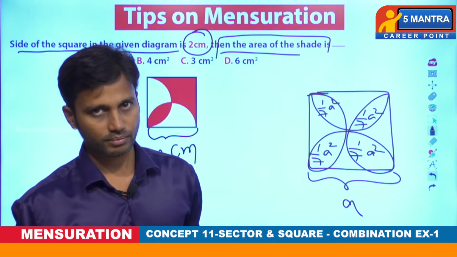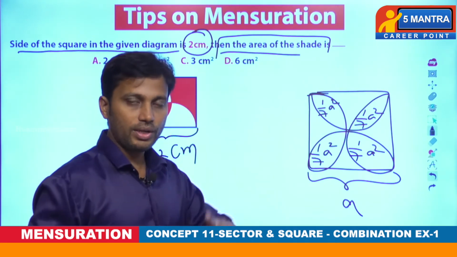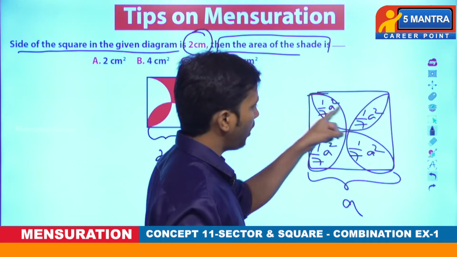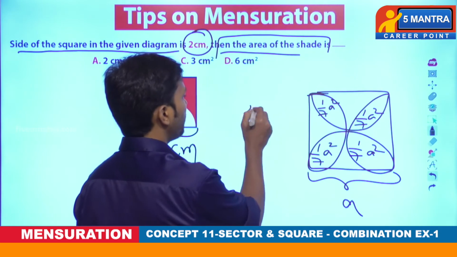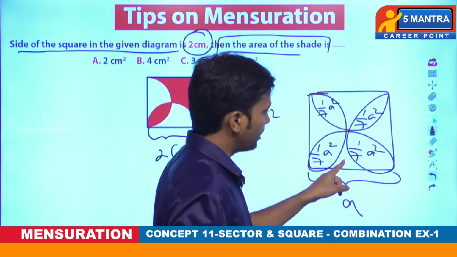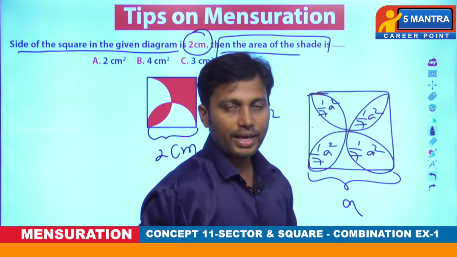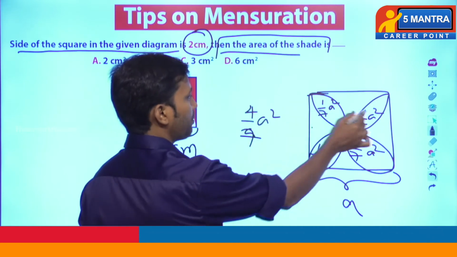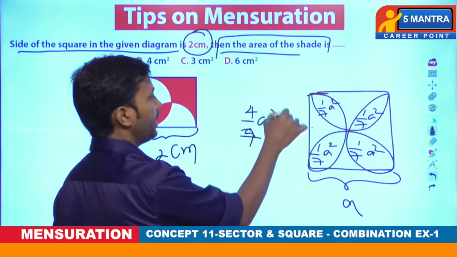Now we only said, what is the rest portion? This total area of all the petals would be how much? 4 by 7 a square. Then what is the rest portion? Means these gaps. Okay, for the area of all the gaps we have to subtract the area of the flower from what? Area of the square.